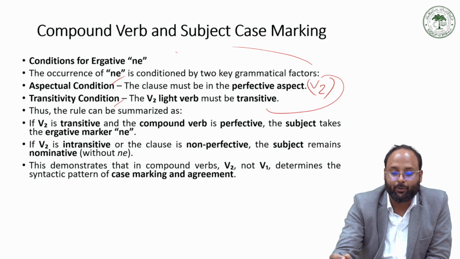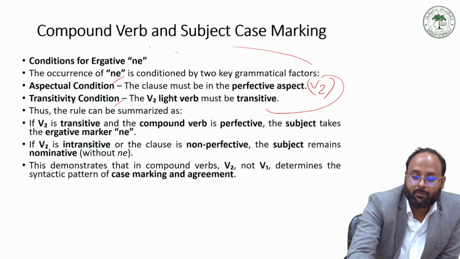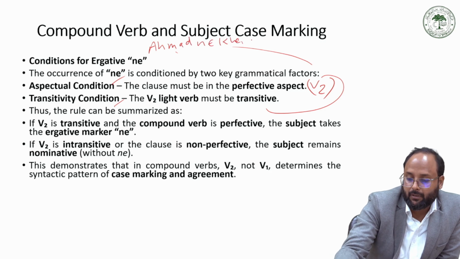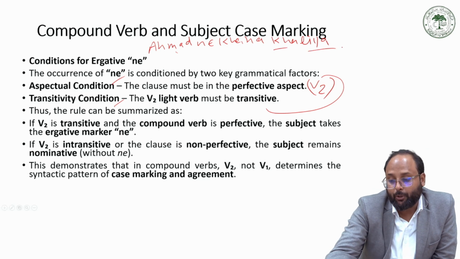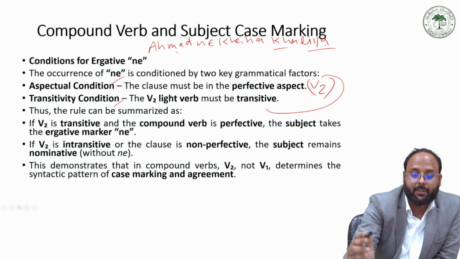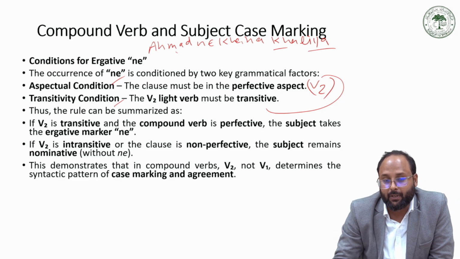So I will give both examples, like अहमद ने खाना खा लिया. So here kha and liya are both transitive. Because of this transitive V2, Ahmad takes the ne case marker.